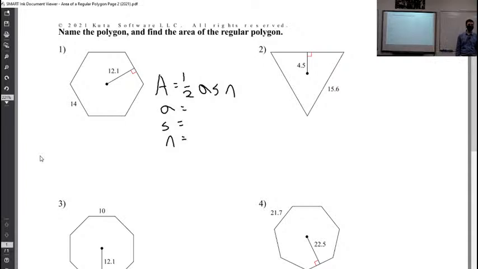What's it called? Because the first bit of direction says name the polygon, so let's name the polygon. What's it called? That's a hexagon because it has 6 sides. So first off, we're going to write hexagon. Our number of sides, therefore, is 6.